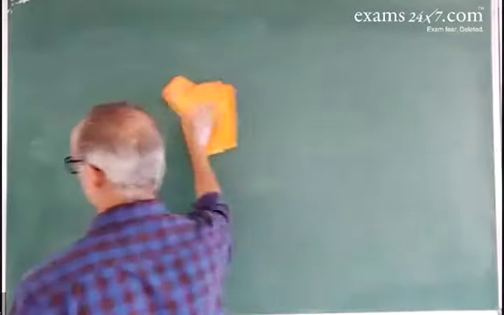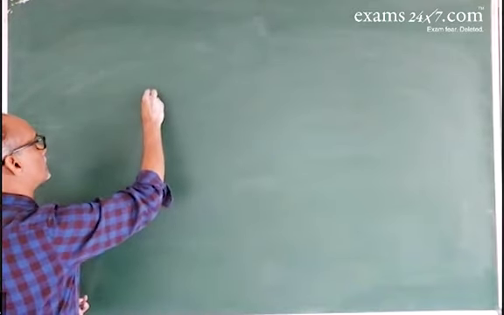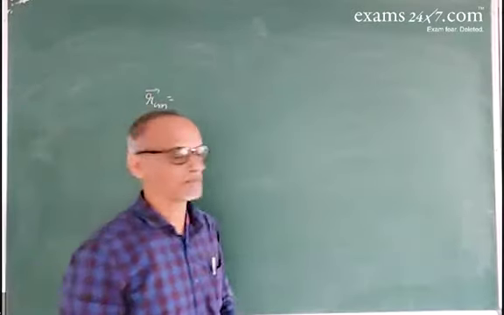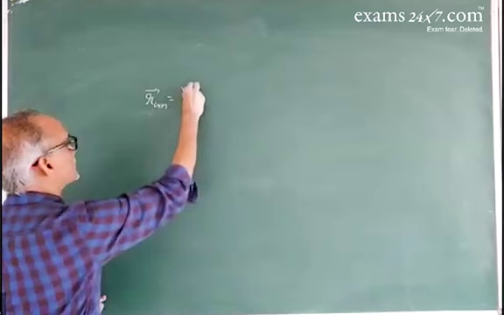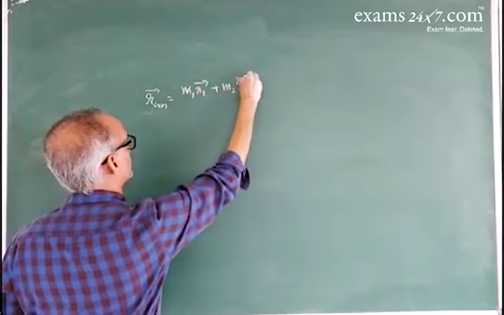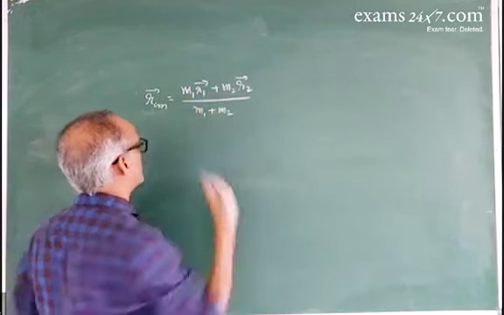In system of particles and rotational motion, the position vector of the center of mass, R CM, is equal to (m1 r1 plus m2 r2) by (m1 plus m2).